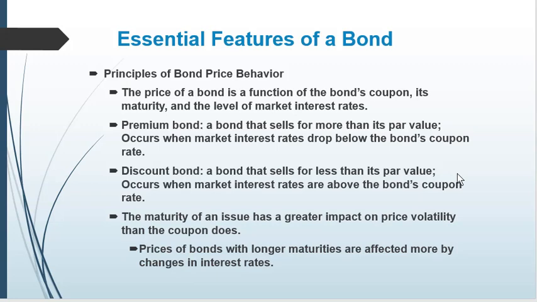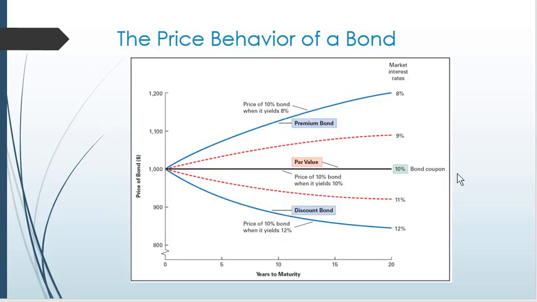What happens, though, over time, is a bond will eventually move towards its par value. So prices with longer maturities are going to be very sensitive to things like interest rates because they have a long period of time to go. However, in the end, a bond has to sell for its par value.